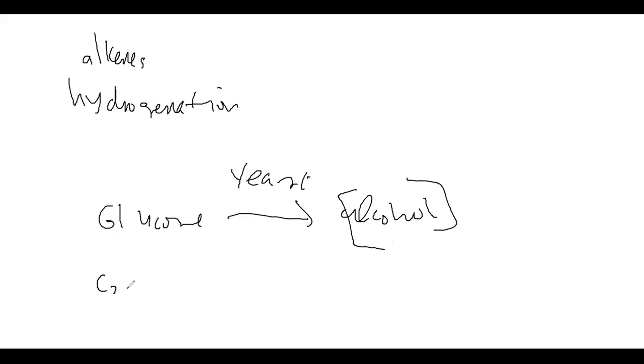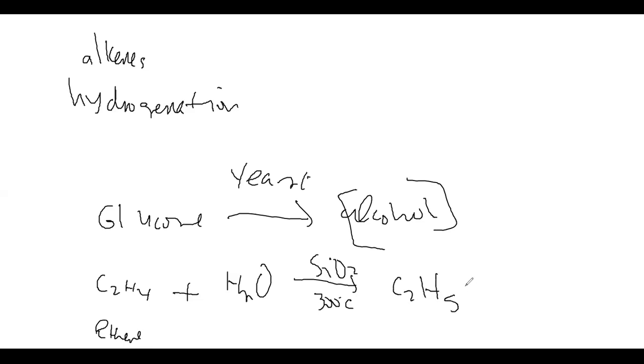So again, if you use C2H4, ethene, and you react that with H2O and maybe a catalyst of your choosing, like silicon dioxide as a catalyst over 300 degrees Celsius, you can get ethanol, C2H5OH, and that is ethanol. Okay?